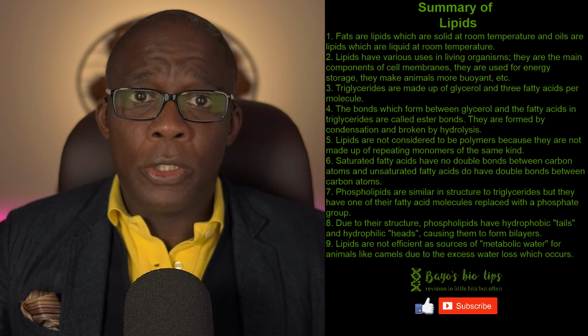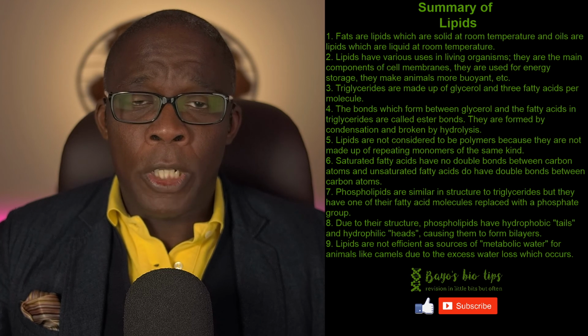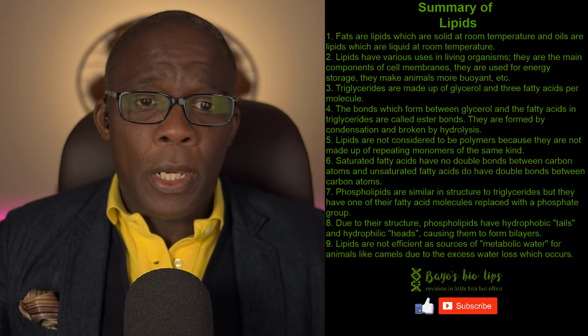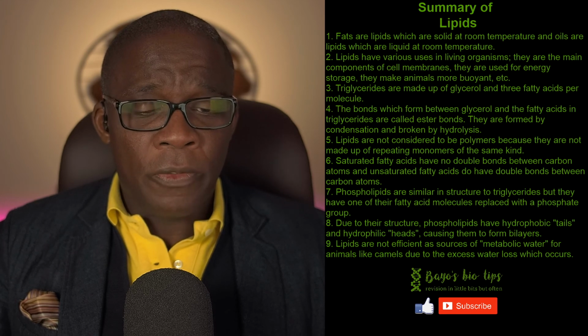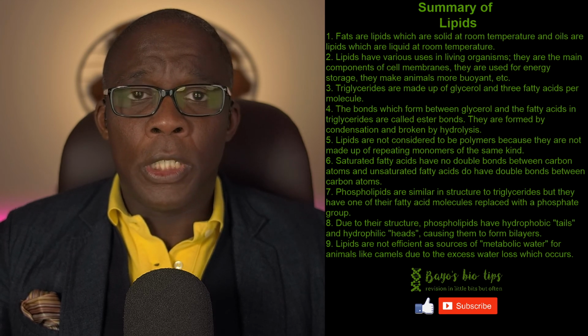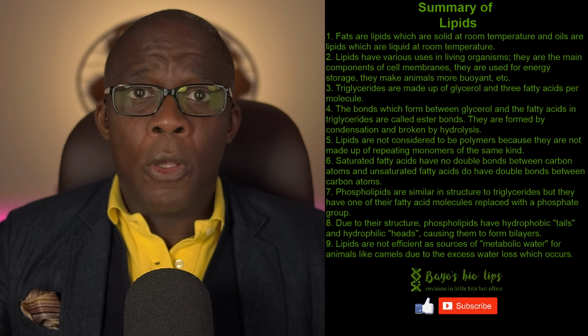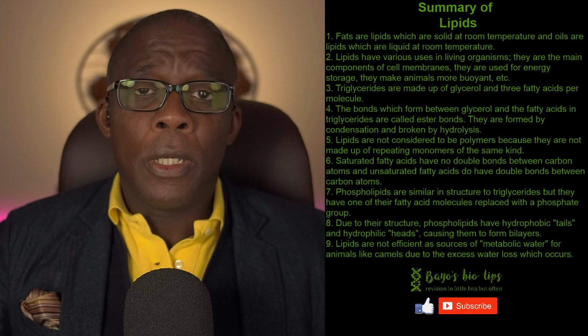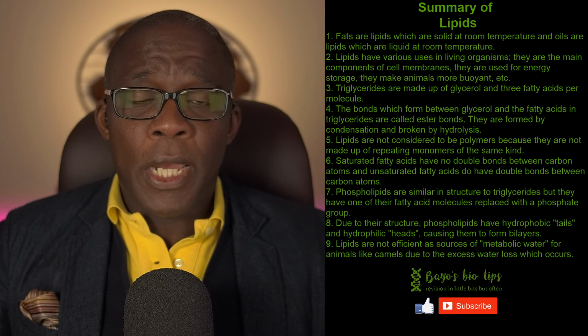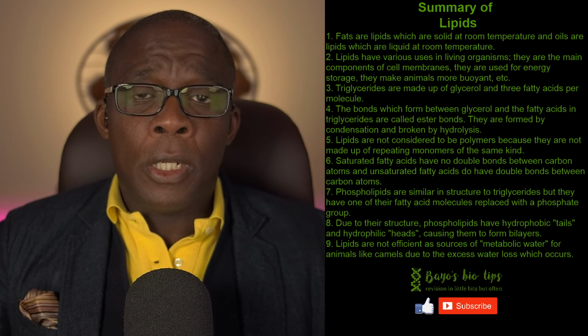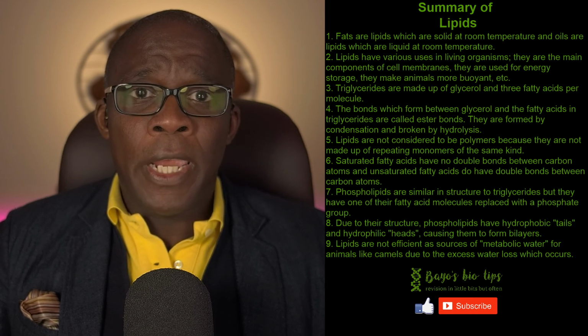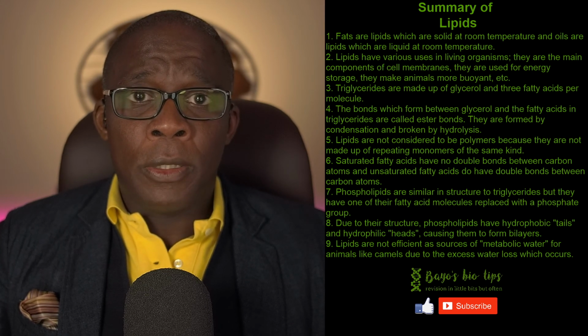By hydrolysis, just like when we looked at carbohydrates. We also talked about the fact that lipids are not considered polymers, and that's because, unlike in carbohydrates, so in things like polysaccharides, lipids are not made up of the same or repeating monomers, and as a result they can't be considered as polymers.